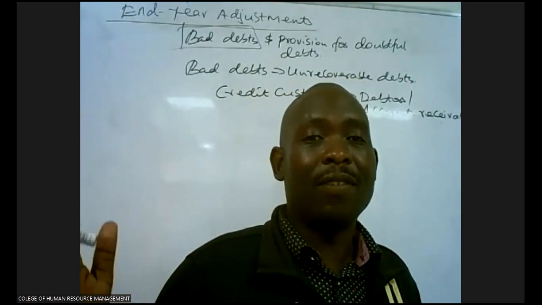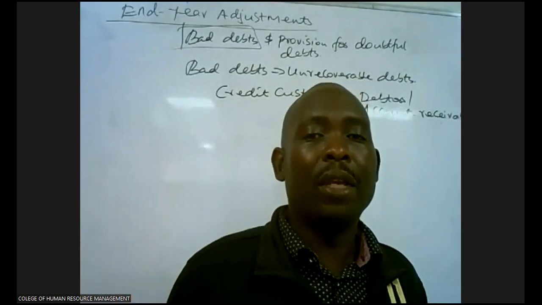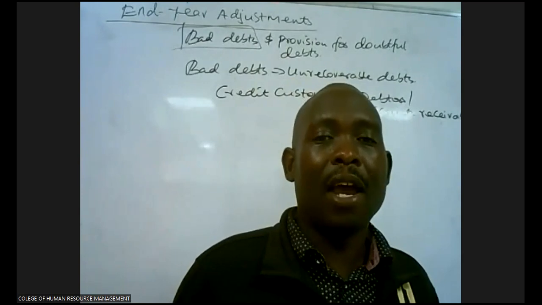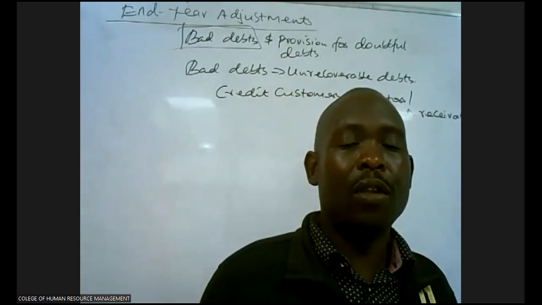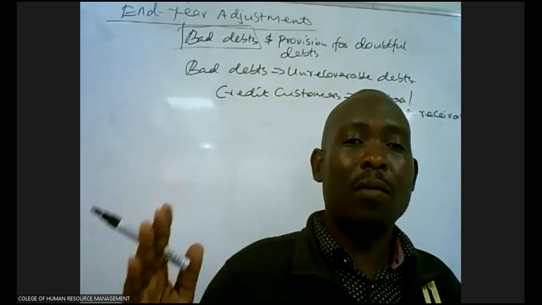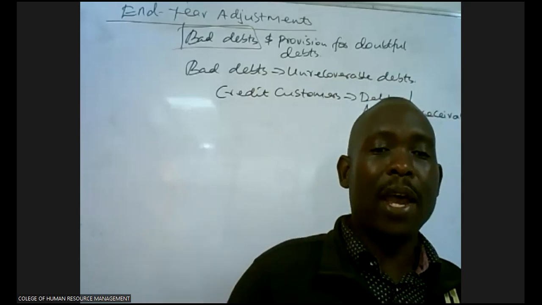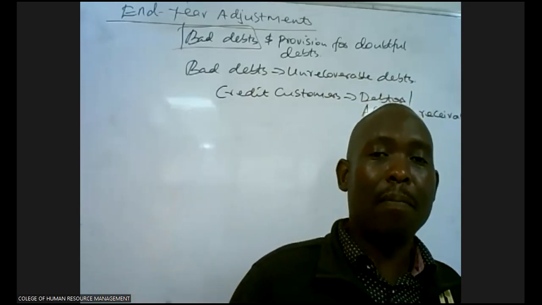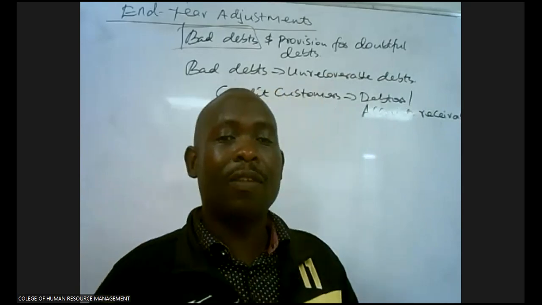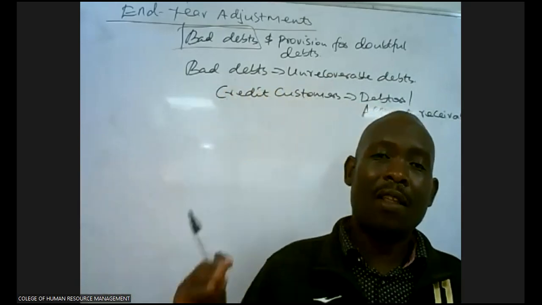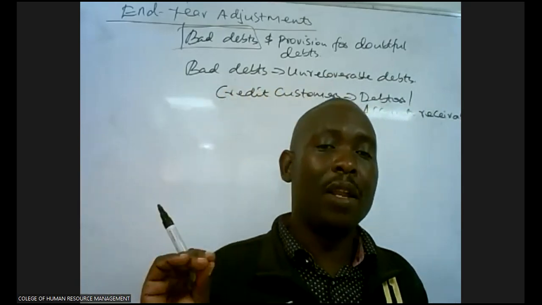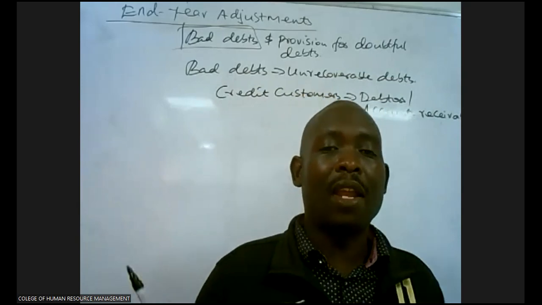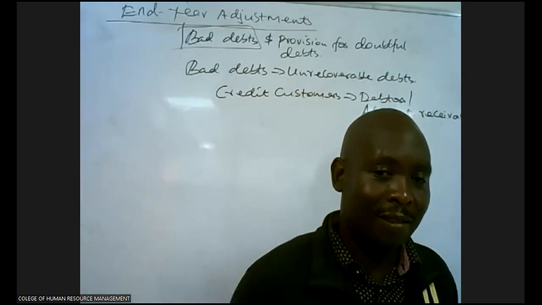That person is deceased. You cannot keep waiting for that money to be paid, and you know the person is no more. That person went abroad, and you don't know where or when he's going to come back. You don't have his or her contact. It's 3 years down the line. That amount of money should be removed from the books of accounts and it should be considered as bad debts.